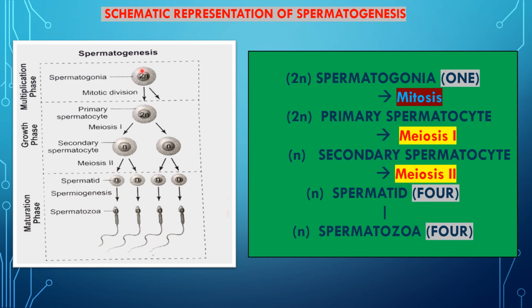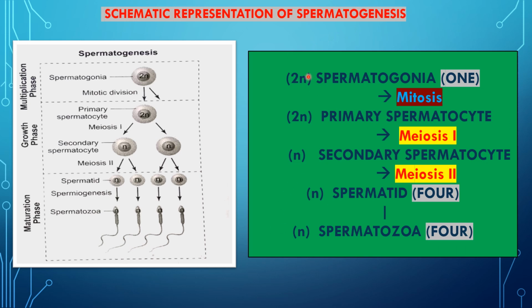One diploid spermatogonia produces 4 haploid spermatids, and they, by the process of spermiogenesis, produce spermatozoa. This is the schematic representation of spermatogenesis.